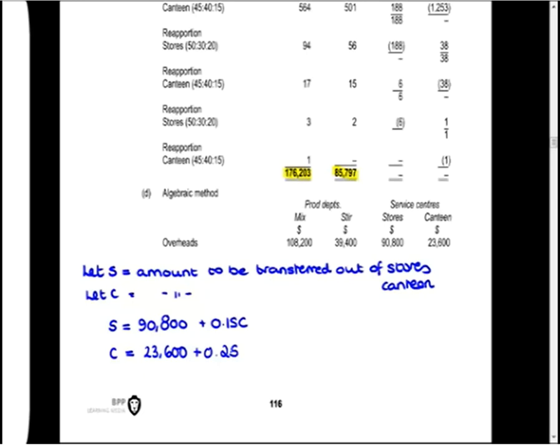So what we've got now are two simultaneous equations, and we need to solve those. The easiest way to do that is to pop one of the equations into the other.